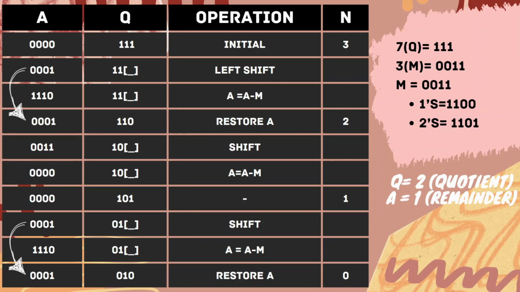So in this last step the value of A is 0001. This, which we convert to decimal, becomes 1, and this is the remainder of our calculation. Similarly, Q becomes 010, which we convert to decimal, becomes 2, which is the quotient. So this is the final result of our entire calculation, which is A is equal to 1 and Q is equal to 2.